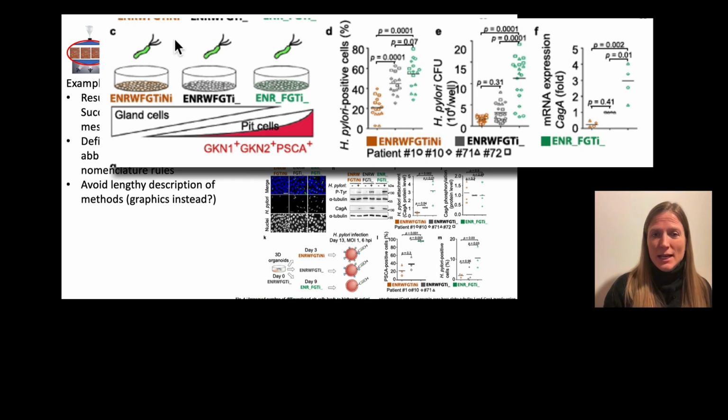And then I look into how many bacteria bind to the cells in this particular condition. Again, same conditions that I learned already in the color coding. And now I see here as well that my Helicobacter binding seems to be very low in this orange condition, higher in this medium condition, and even higher in the green condition.